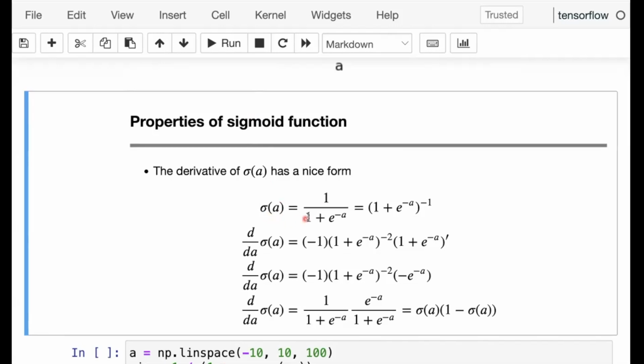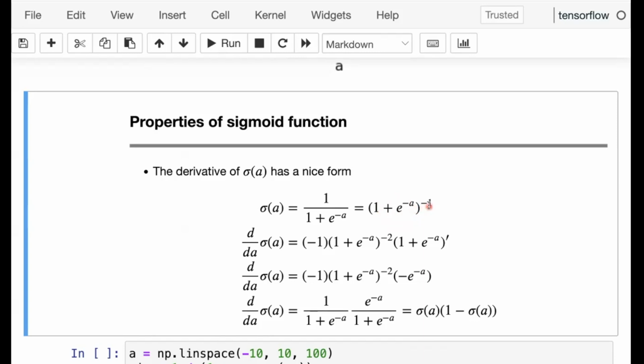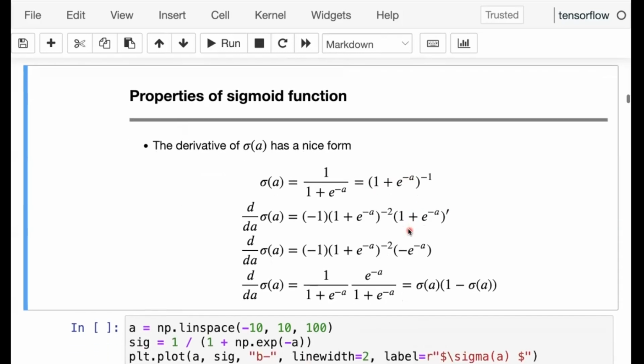So the sigmoid function is 1 over 1 plus e to the negative a, which we can write in this form. Then we can use the chain rule to find the derivative with respect to a, which gives us negative 1, and then this term raised to the power of negative 2, times the derivative inside, which is this term we have here.